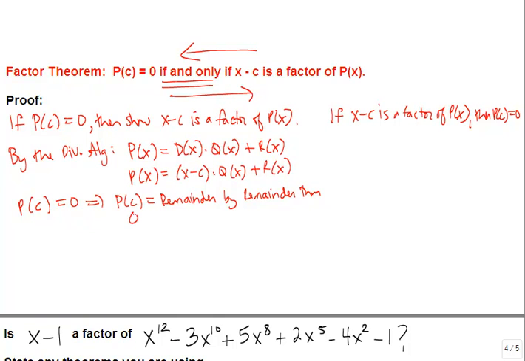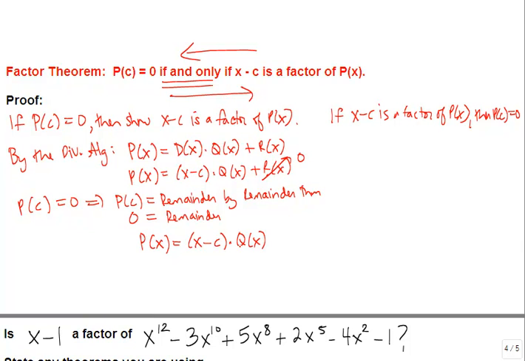And if P of c is 0, then that implies that your remainder has to be 0. So that forces this to go to 0, which means P of x must be x minus c times q of x, and there's no remainder being added on because we know the remainder is 0 by the remainder theorem.